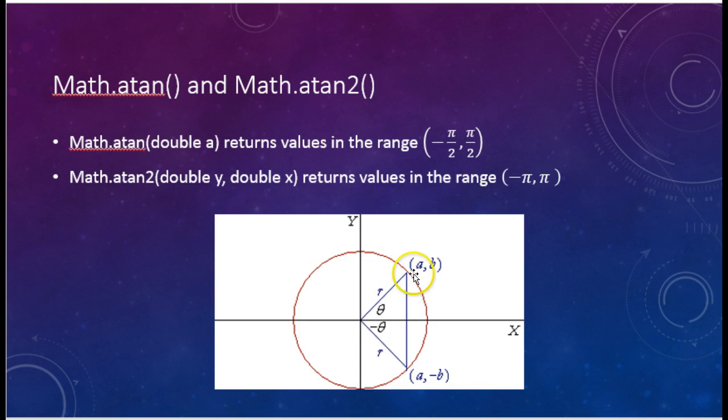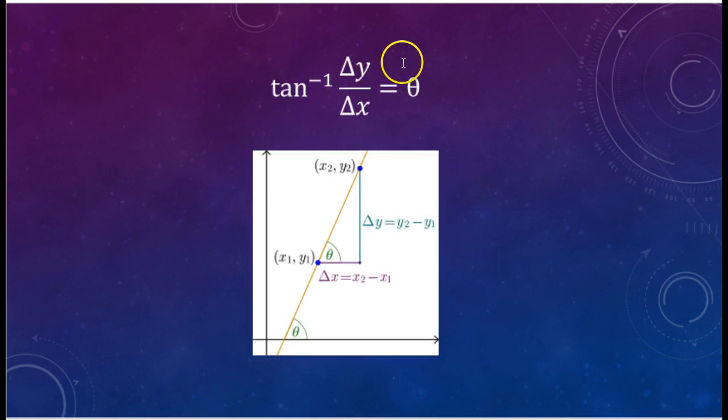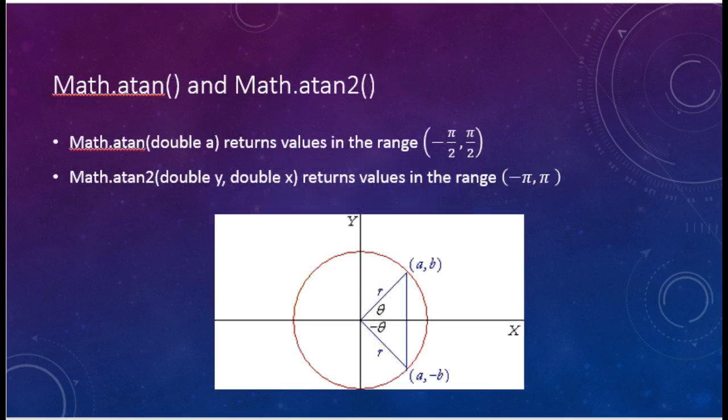When you think about it, remember we were talking about the change in y over the change in x for our slope. Since one point is the origin and one point is (a, b), the slope of this line is just b minus 0 over a minus 0, or just b over a, right? If we said give me the arctangent of b over a, it should give me this theta, right?